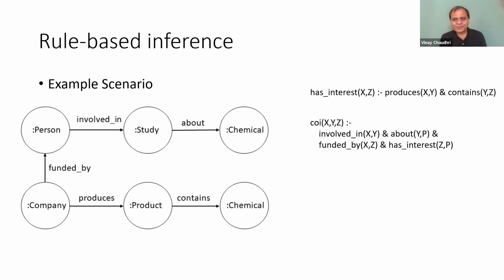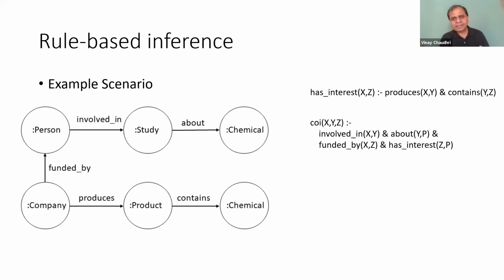Now, for those of you who have been in this course, you know how big a deal I made about the fact that in knowledge graphs, your relationships have to be binary. And in this case, the head of the rule is not a binary relationship. So if you're going to capture the conflicts of interest in your knowledge graph, you have to come up with some approach.